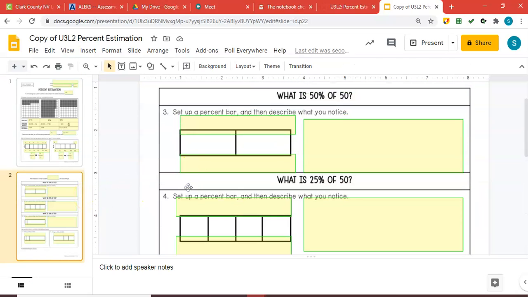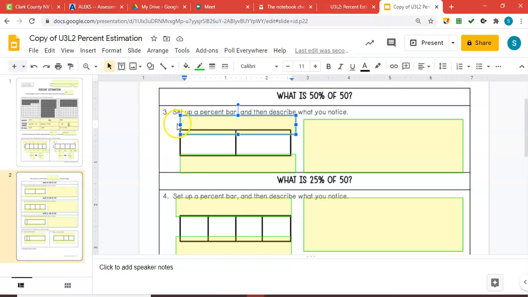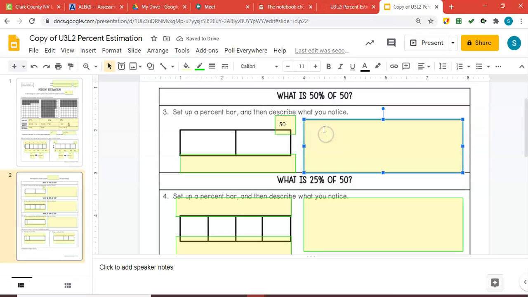So let's look here. If we want, for example, 50% of 50. So on this bar, we're actually just going to think of the top amount here is 50, right? And then, well, 50%, so if this is 100% up here, this is 50%, that's half, right?